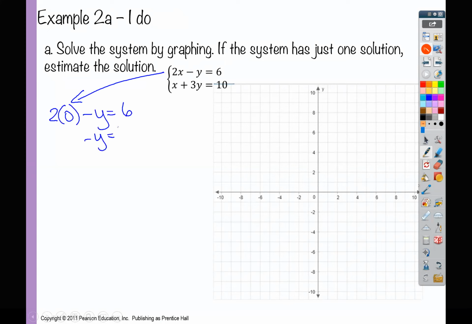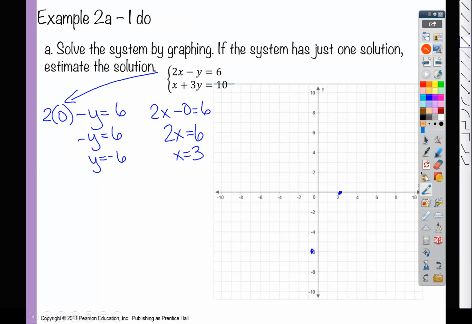When I do that, I get my y-intercept is -6. And if I did that to find my x-intercept, I would find that it equals 3. So I would put a point here, and a point here. And then I could join the two coordinates.